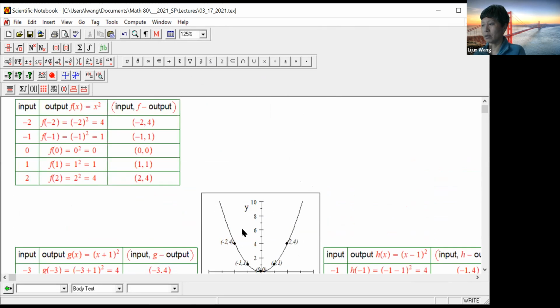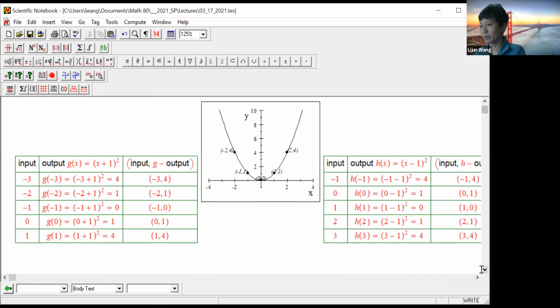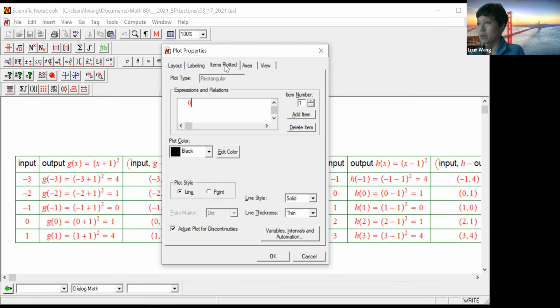Okay, let's come back. Plot these points. G, x plus 1 squared. We have all of these points, and we're going to plot points. What color do you like? Green?